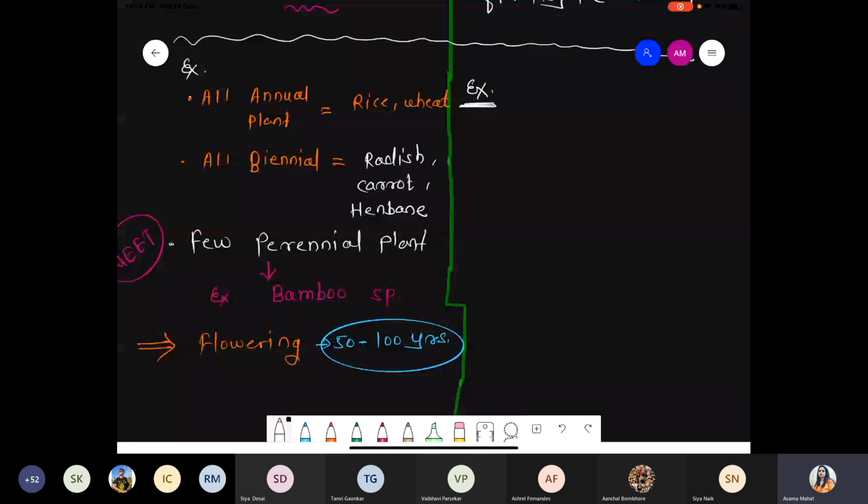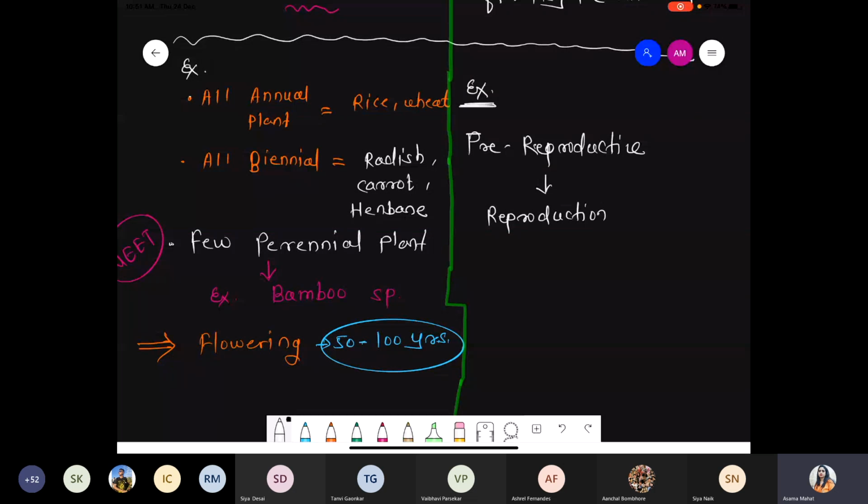for the polycarpic condition. So now what happens during the polycarpic condition? First of all, there is the presence of the juvenile stage, that is pre-reproductive. Again, they can enter the reproductive phase.